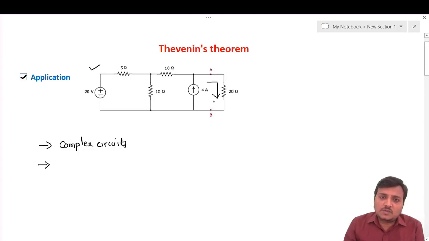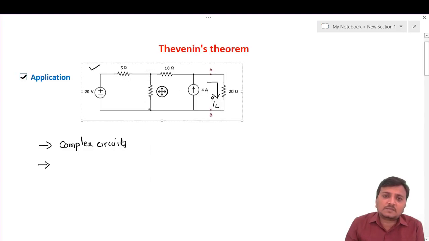In this example problem, by using Thevenin's theorem I can find IL in the 20 ohm resistor if you consider it as the load resistance. Otherwise, you can consider this 10 ohm as the load resistor and find the current in this 10 ohm.